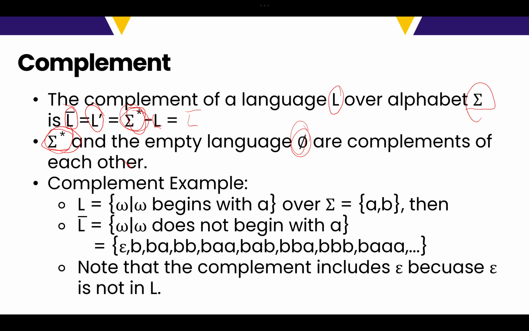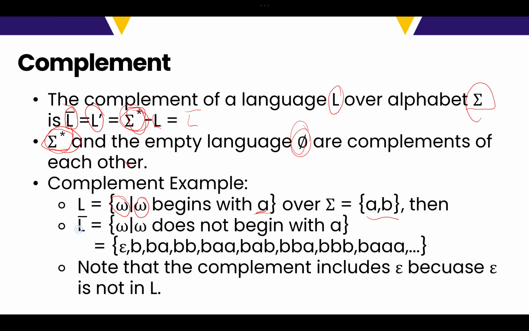Why sod? So, example. We have here L equals omega, string omega, such that omega begins with A. So, this is over the alphabet {A, B}.